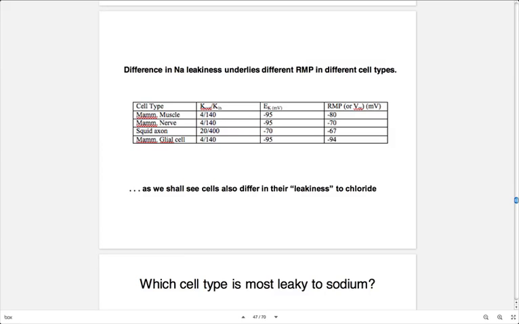So what is the most leaky? Good, the mammalian nerve. So not the squid axon, because that's really not a big difference there. And it's different just because seawater versus inside a squid is different than us by a little bit.